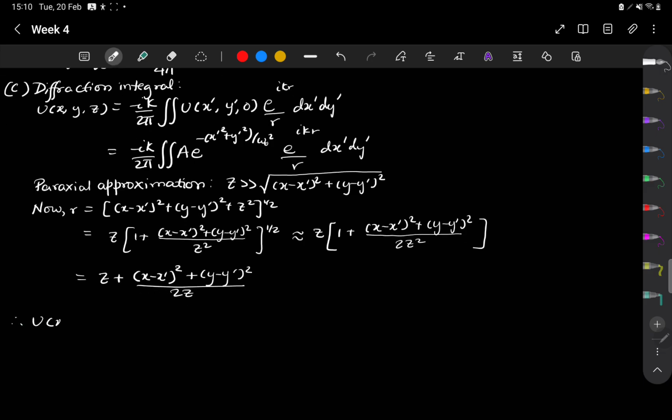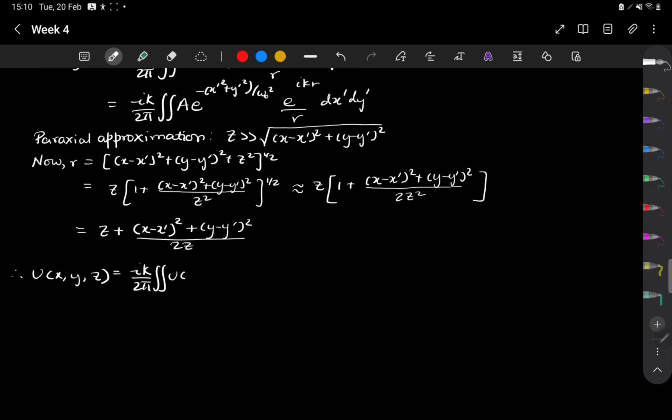putting this in the expression for the diffraction integral, we will get the following. So we will approximate R to be z in the denominator over here in the far field.